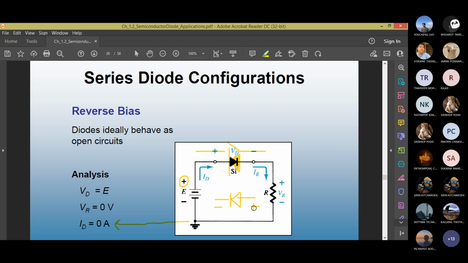If the anode connects to positive voltage, and the cathode connects to negative voltage, it will be on. Now you see the cathode is connected to positive polarity. And if you look at the rest of the loop, the anode is connected to negative polarity, it will not work. This condition is a reverse bias condition. If you want to turn it on counterclockwise, you have to put plus here, minus here.